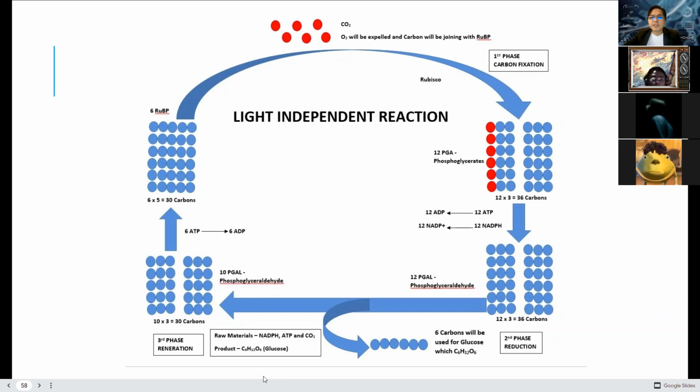Where does the product come from? Take note, the product came from the CO2 in the environment. This one, 1, 2, 3, 4, 5, 6. The oxygen is being expelled, and the carbon continues the process in the light independent reactions.